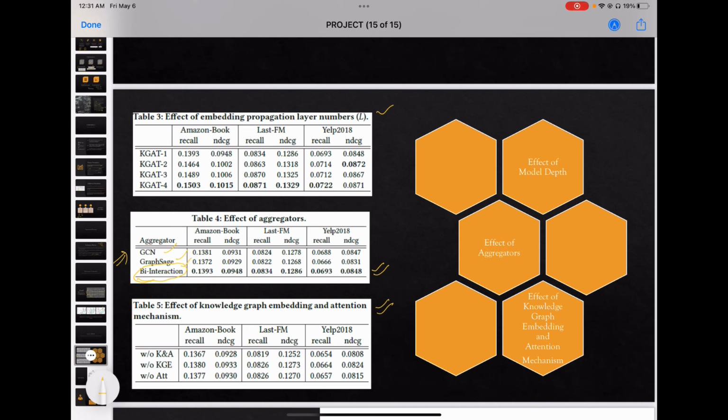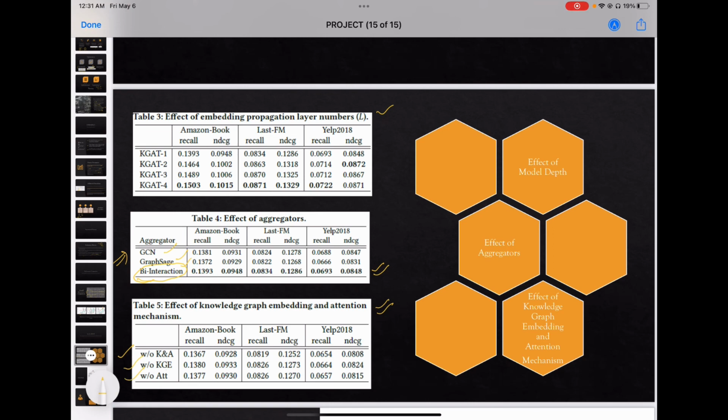The last table shows the effect of the knowledge graph embedding and the attention mechanism. This is done to verify the impact of knowledge graph embedding by considering the three variants of just KGAT1, and the different layers here are the knowledge base, knowledge graph embedding and attention mechanism, just the knowledge graph embedding and just the attention mechanism.